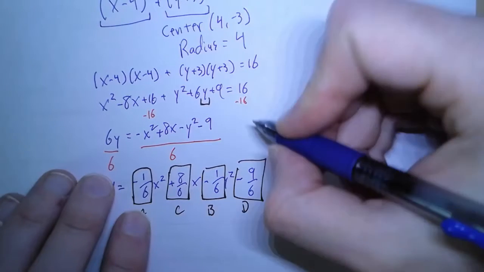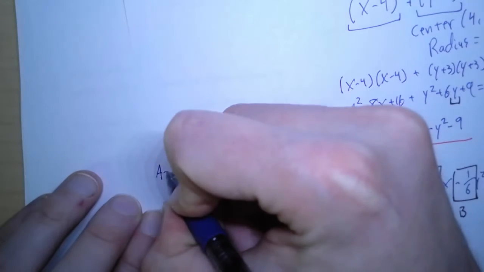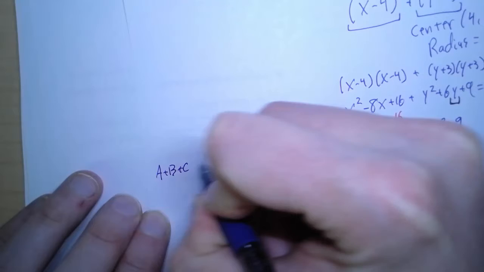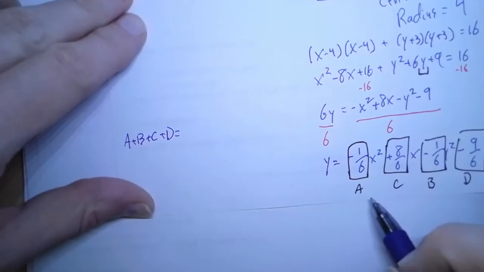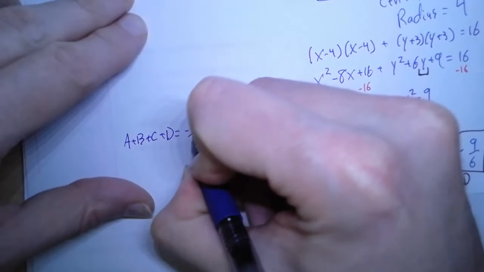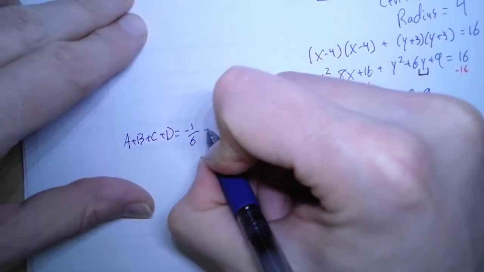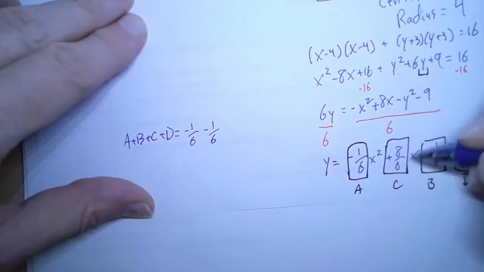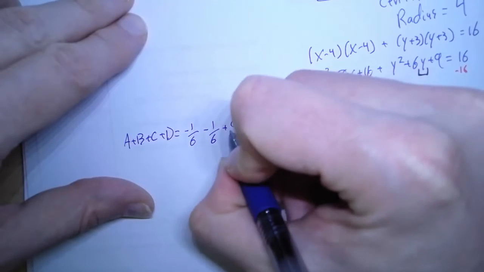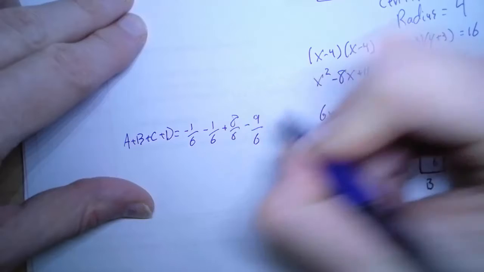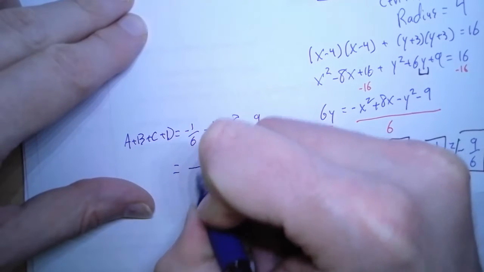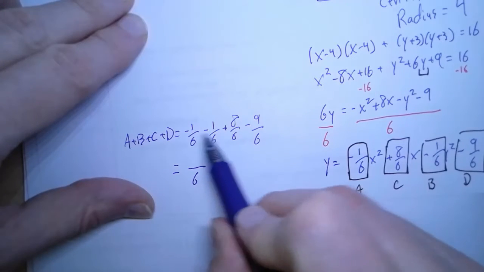So my sum, let's just move it over here, is a plus b plus c plus d. So we add a, which is negative 1/6, b, which is negative 1/6, c, which is plus 8/6, and d, which is minus 9/6. Now, since we have a common denominator of 6, all we have to do is combine the numerators.